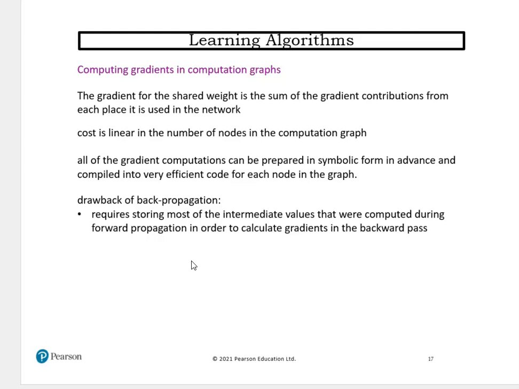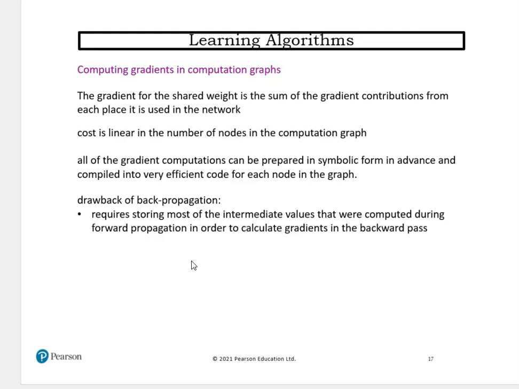Now, at each internal node, the incoming backward messages are added together, and the outgoing messages to the previous layers are generated. So the process ends at each node in the computation graph that represents a weight W. At that point, the sum of the incoming messages to W is partial L partial W, which is the gradient we need.